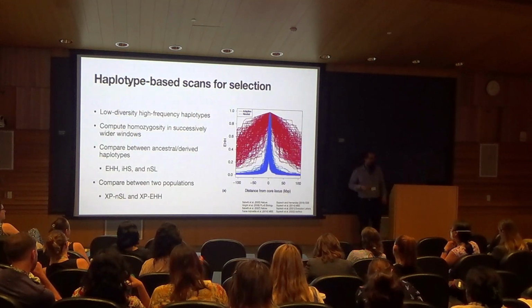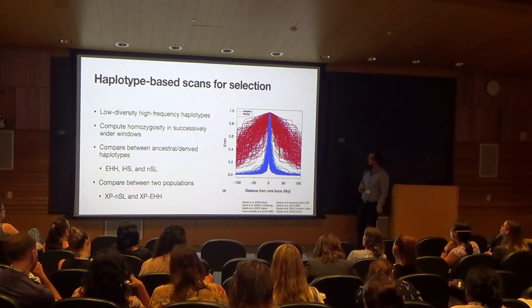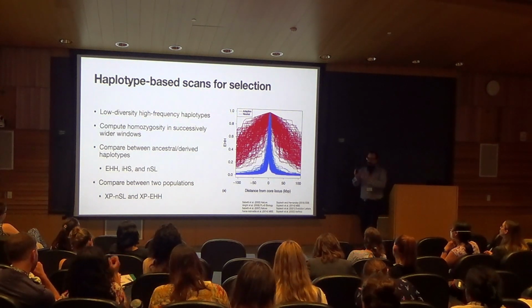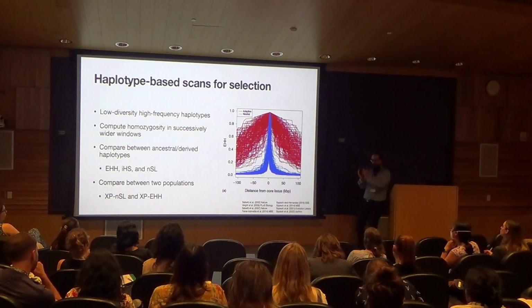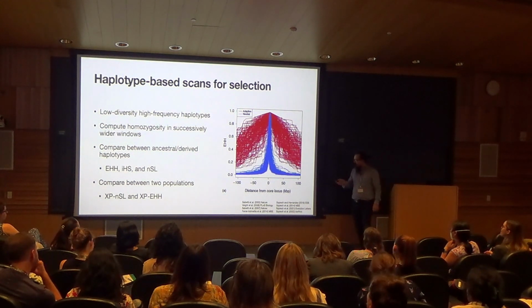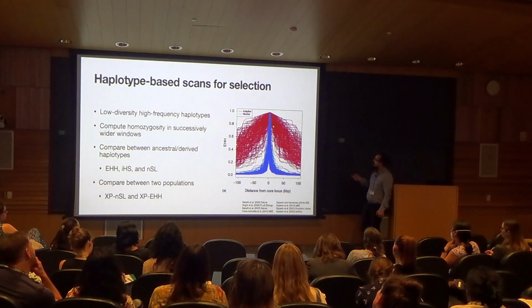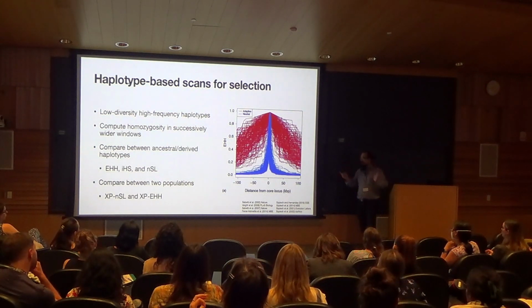A lot of haplotype-based statistics try to capture this signal. Essentially what you do is take a small window surrounding your test location and calculate haplotype homozygosity, then make the window a little bigger and recalculate it, and bigger again. The idea is that when you have an adaptive allele, this homozygosity will decay slowly as you make that window bigger and bigger.